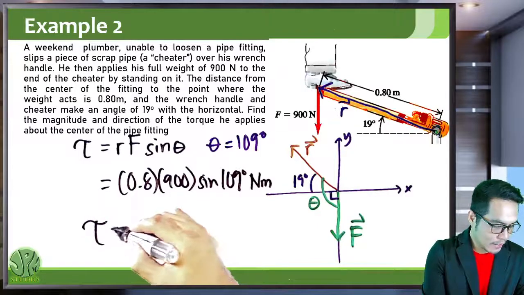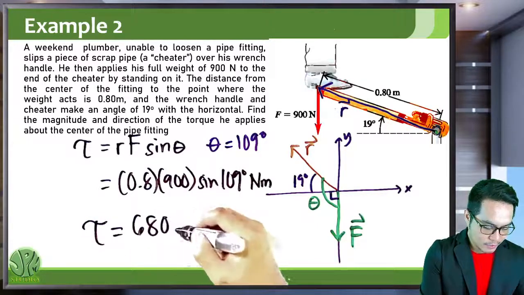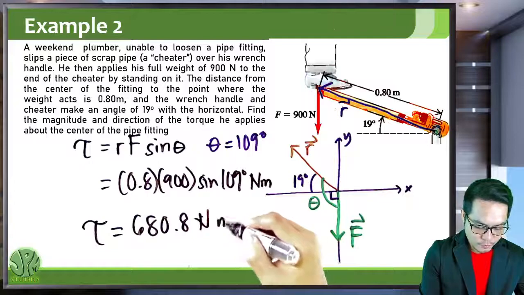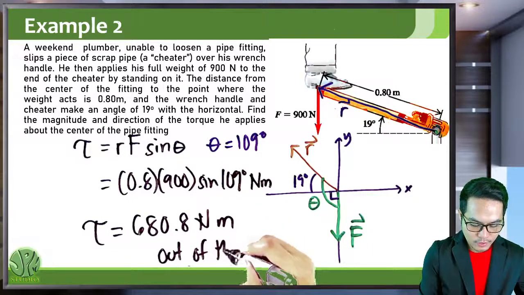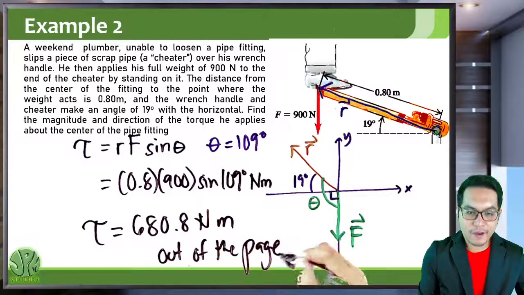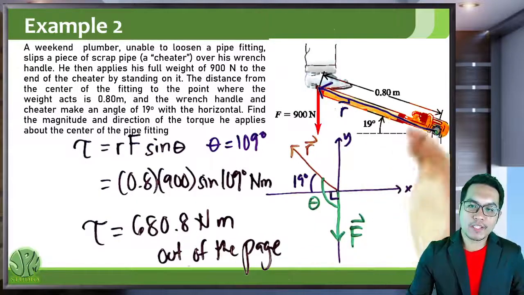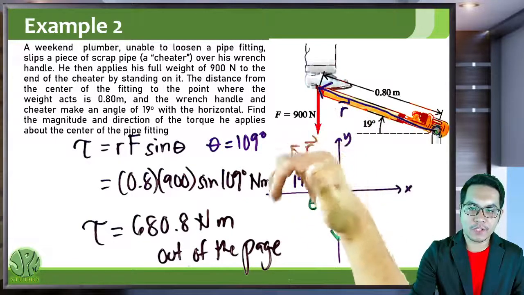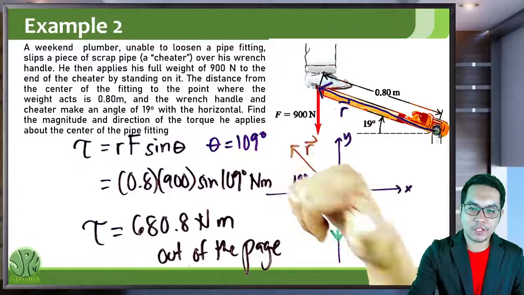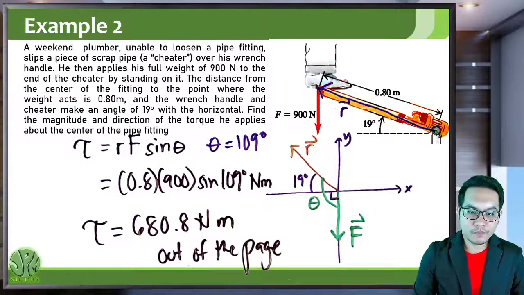And you will get a value of 680.8 newton meters. The direction of this torque is out of the page, signifying a counterclockwise rotation. So out of the page, towards you. This is the direction of the torque. It's towards you.